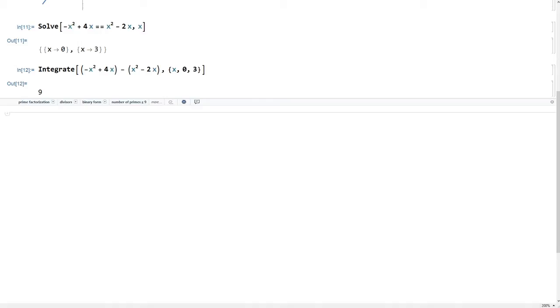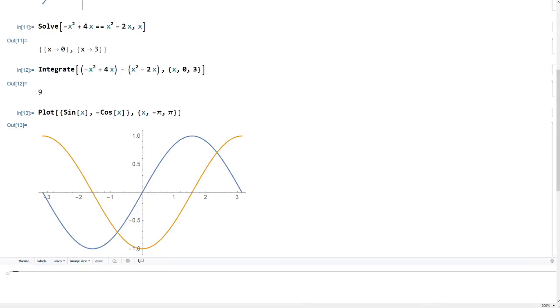And let's plot. Here we have sine of x and minus cosine of x. And here, let's say x goes from minus pi to pi. That seems like a pretty good range for sine and cosine.